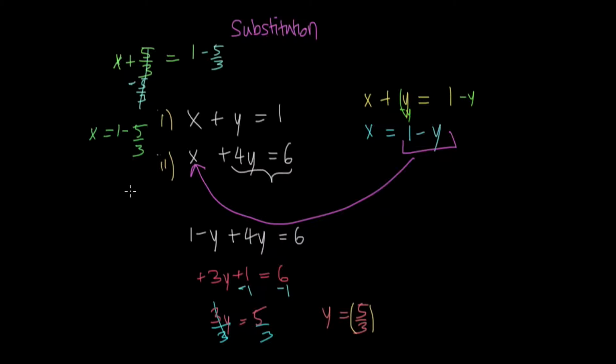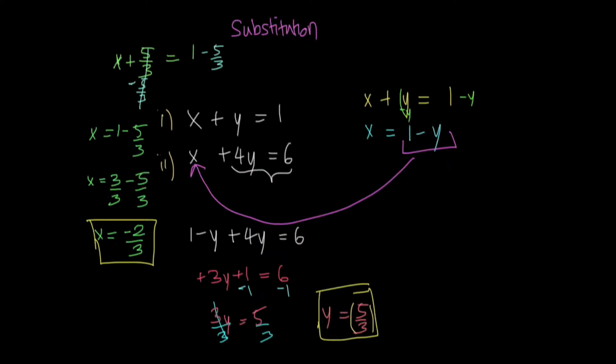Now 1 can also be written as 3 over 3, so x equals 3 over 3 minus 5 over 3. So x equals negative 2 over 3. Okay? So these are the values we got for y and for x.